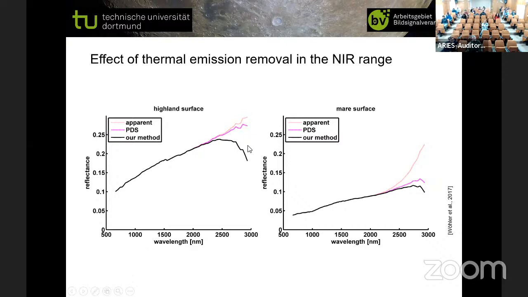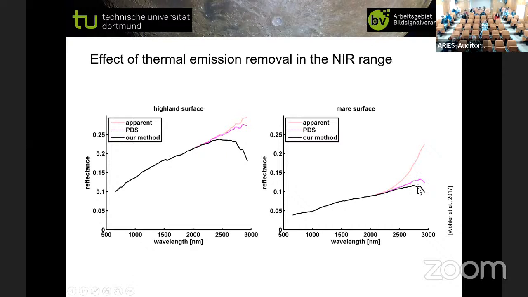That is a version of the method from 2017, but the most recent one gave some changes, though not too considerable. And the typical Mare spectrum without correction, here you can see very well the increase in reflectance, which is not at all due to the mineral properties or the spectral properties, but just due to thermal emission.